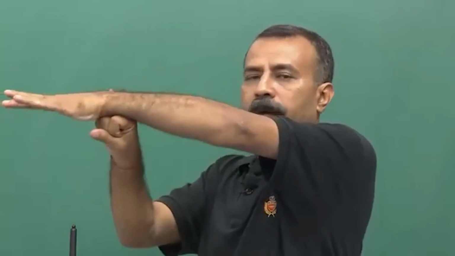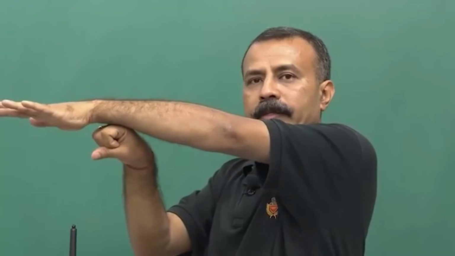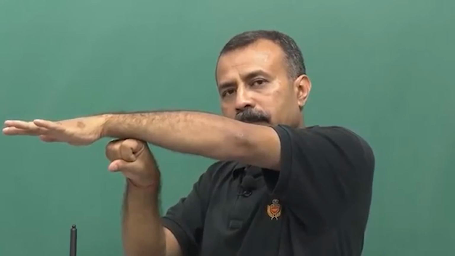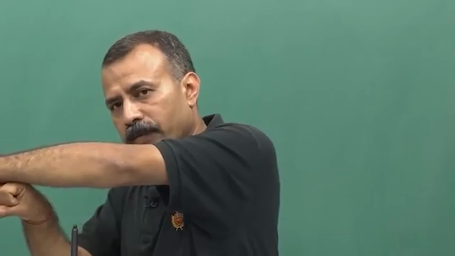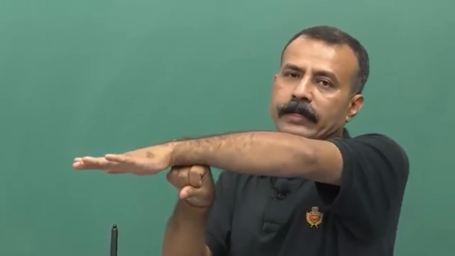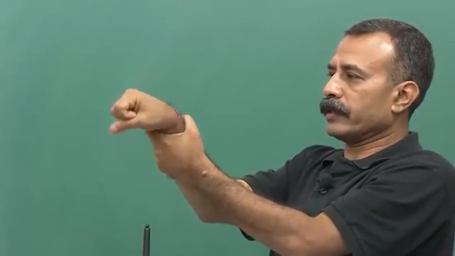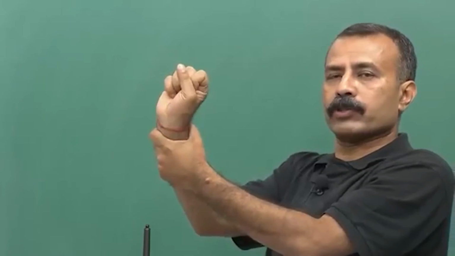So, now the myosin head binds to the actin like this, and as soon as the myosin head binds to the active site of the actin filament, there is a motion like this, which is called the power stroke, and that brings a contraction in the muscle, right.